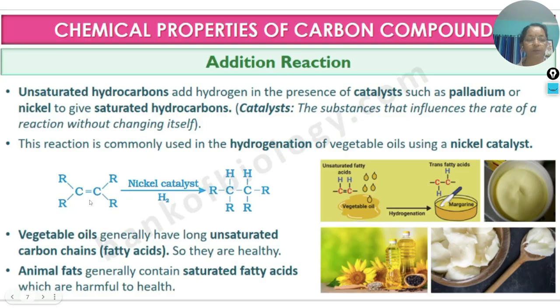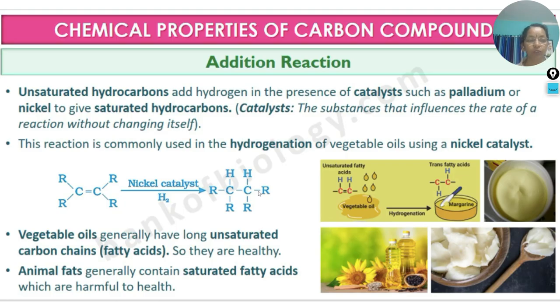One bond is broken and 2 hydrogens are getting added, and it is becoming saturated now. So unsaturated substance is changed into saturated substance by hydrogenation. This process is called hydrogenation, because we're adding hydrogen into it in the presence of a catalyst, nickel or palladium.